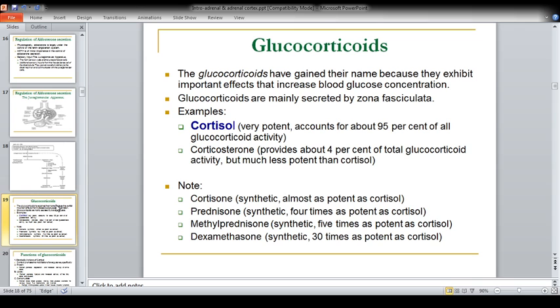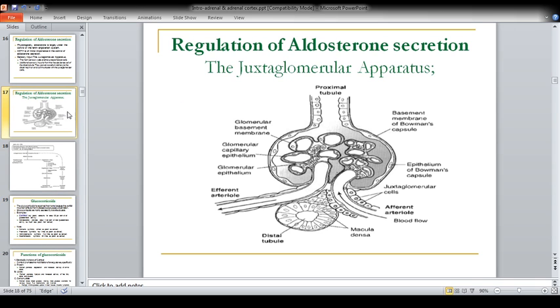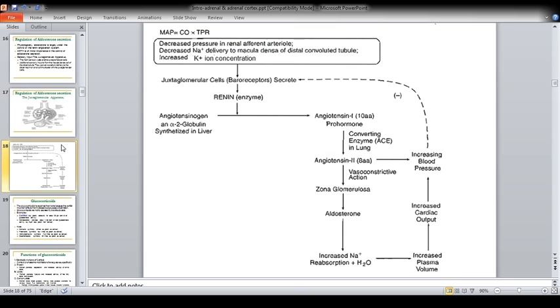So this was the renin angiotensin aldosterone system.